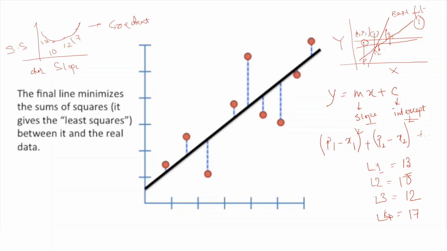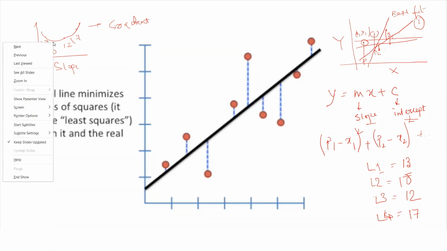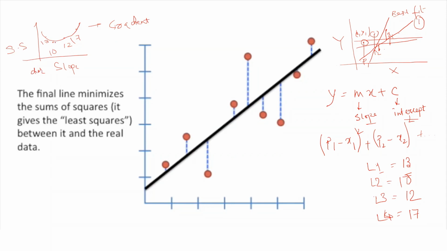This is the point where the value of the curve is the minimum, and this is called your global minima. Why is it called global minima? Because the slope is 0, the dy by dx value is 0.